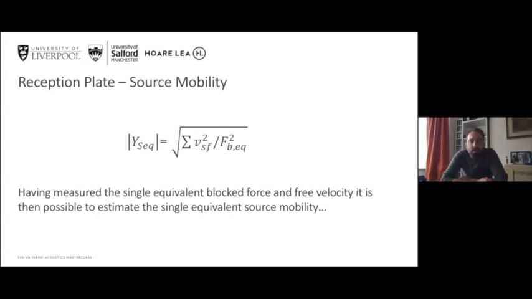Then a useful equation is that if we know the free velocity and we know the block force single equivalent values, it is actually possible to determine the single equivalent mobility of the source itself using this equation. So having measured the free velocity and the block force, we're able to also calculate the single equivalent mobility of the source.